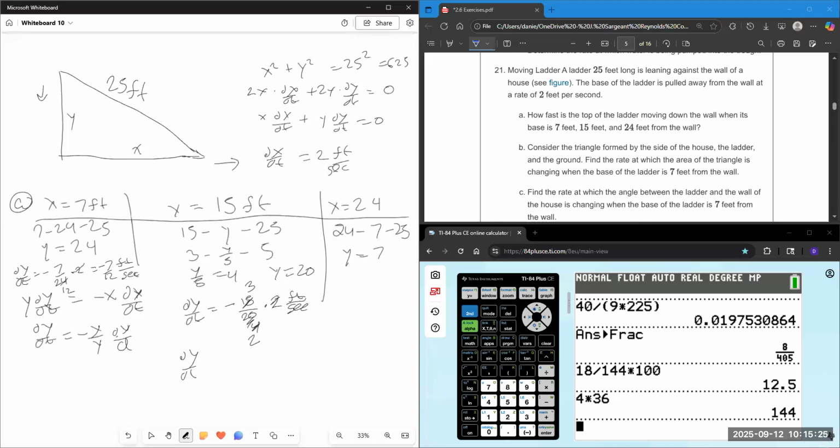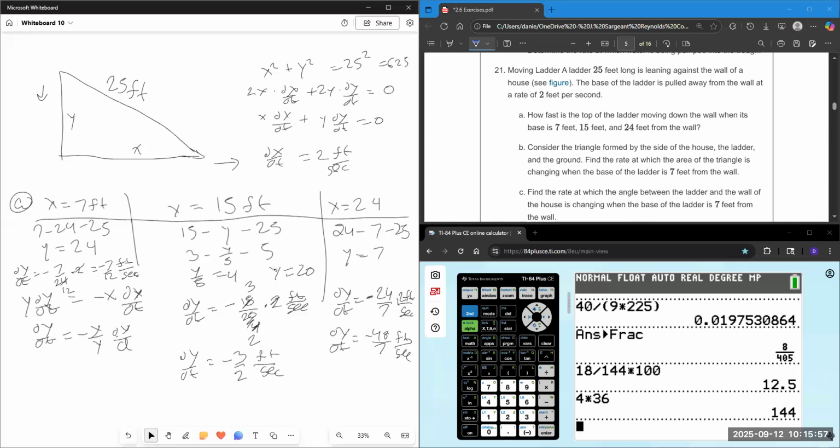So dy/dt is negative 3/2 feet per second. And dy/dt is negative x over y times 2 feet per second. So that is dy/dt is negative 48 over 7 feet per second.